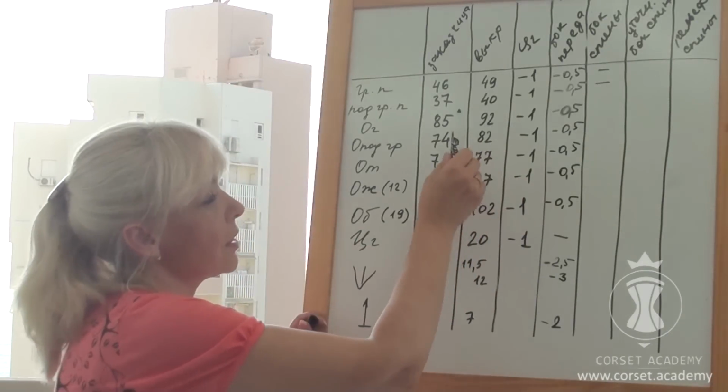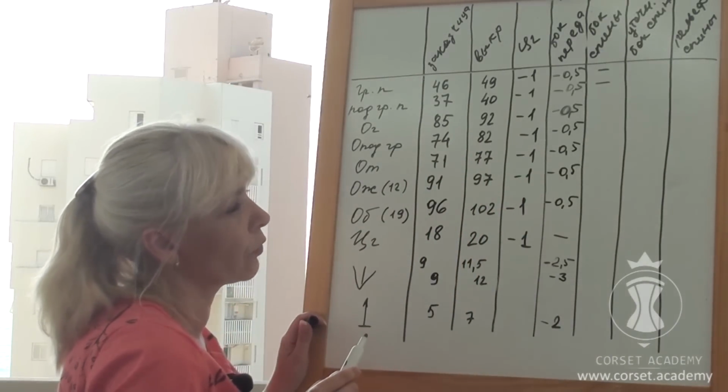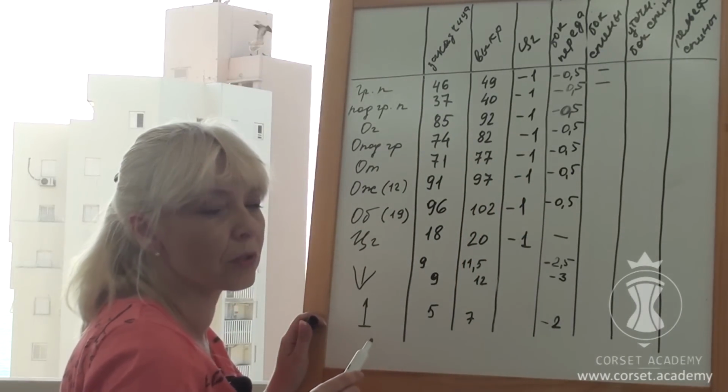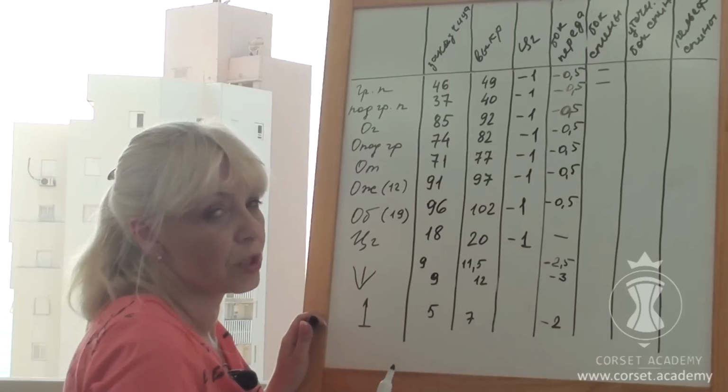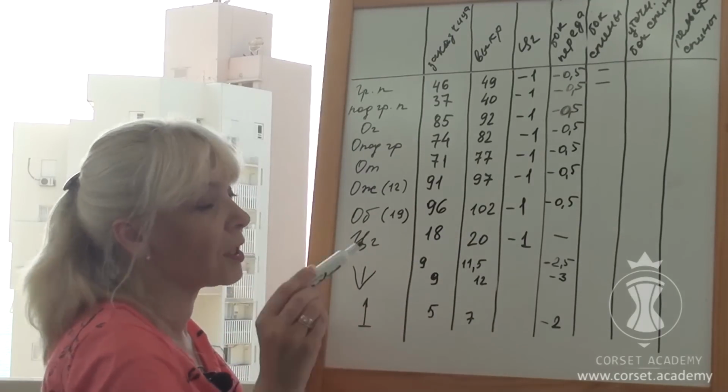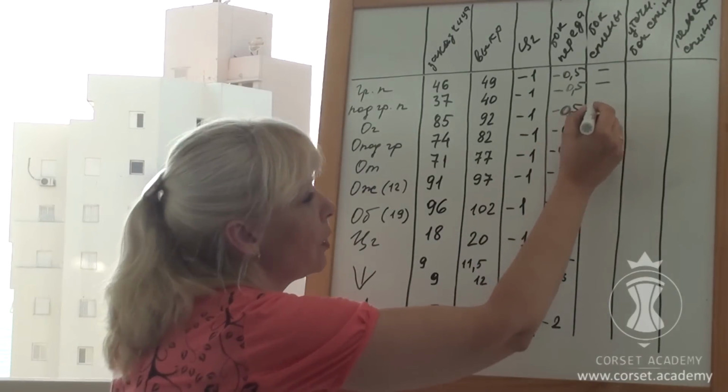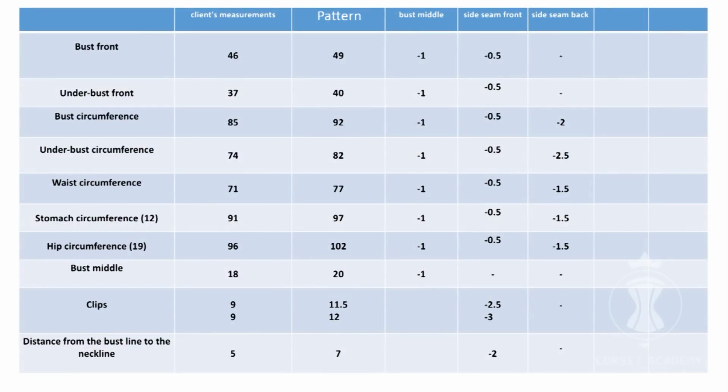It looks like the size of the pattern is 4 centimeters larger than the size of the client. I need to shift the side seam of the back 4 centimeters inwards in this case. Since the back of the dress is made of 2 halves, I need to narrow each one down by 2 centimeters. I write -2 centimeters in line 3 of column 6.